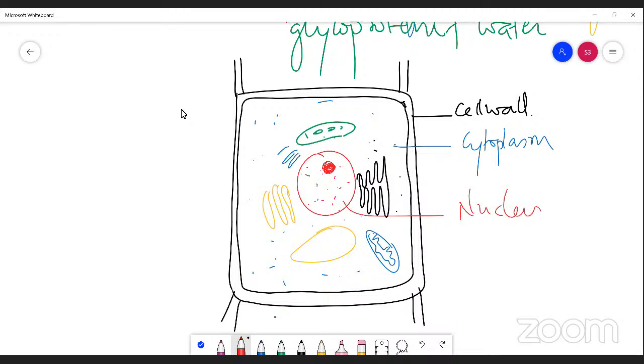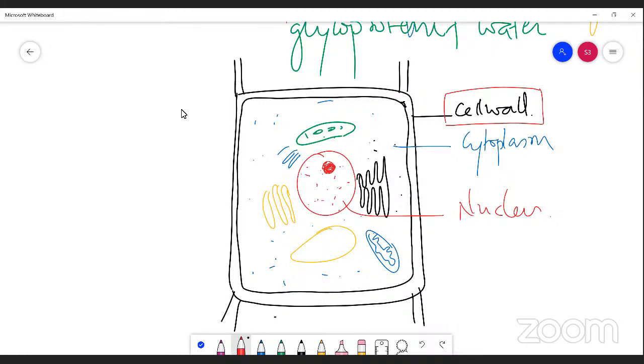Here I am going to take only the outermost layer of the cell, called the cell wall. It is a wall made up of cellulose, hemicellulose, pectin, lignin, cutin, or suberin. These various complex substances are deposited on the wall, I mean the outermost layer or boundary line of the cell. That is called the cell wall.